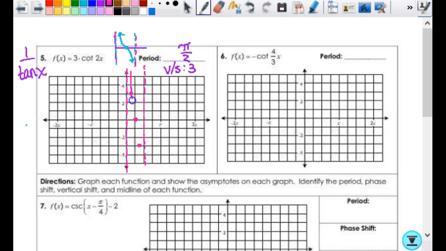This is the first section right here. Looks like that, and then I can repeat. So I have asymptote, point, asymptote, point, and the same on the other side.